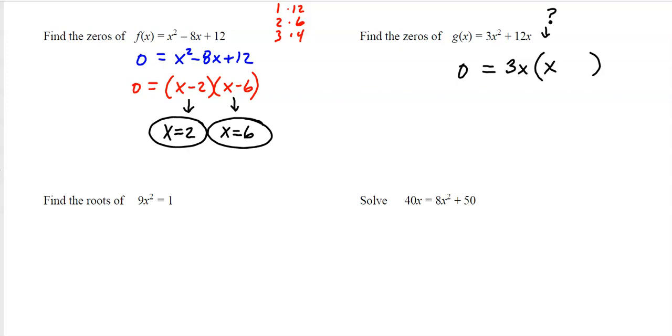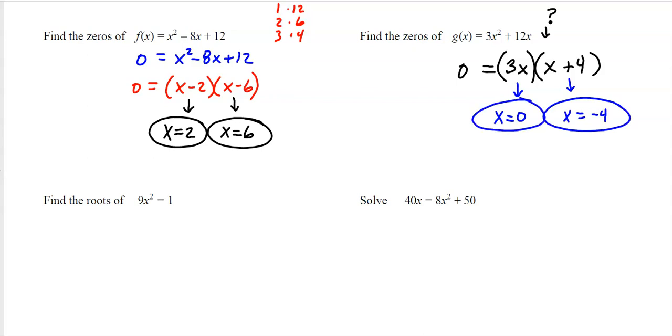So with the reverse distributive property, I would have x plus 4. It's like I have two parentheses here. When does this parenthesis equal 0? Well, that's when x equals 0. And then this one is when x equals -4. So those are the two answers for that one.